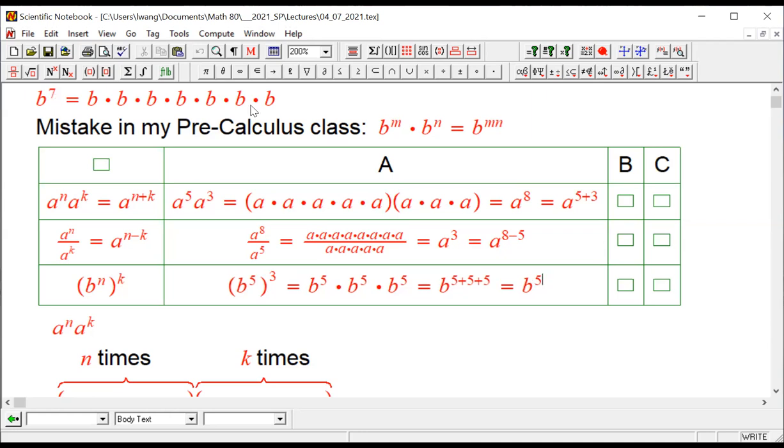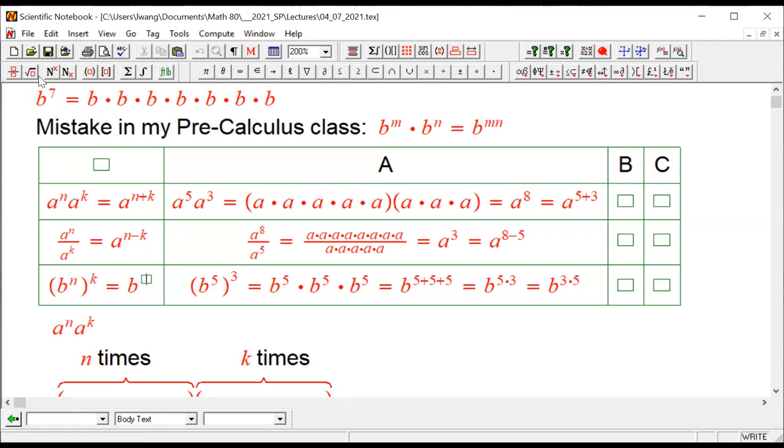No difference whatsoever. So what will be the formula here? B raised to the power of n times k.